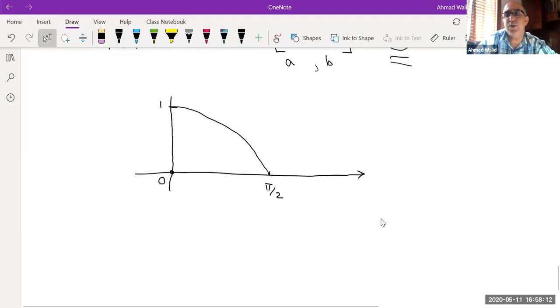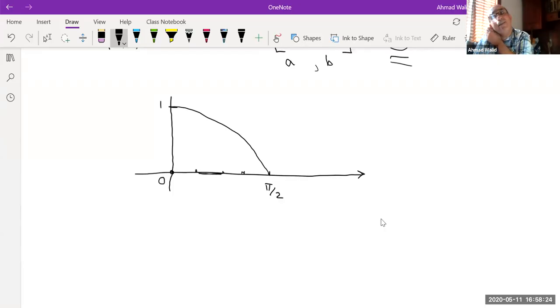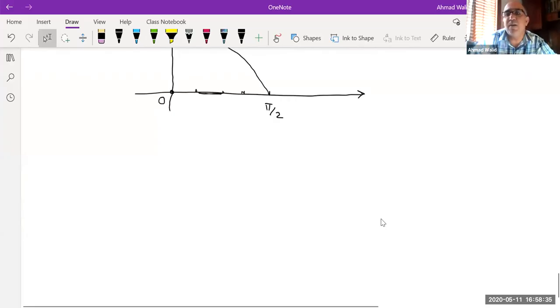The first thing to do is, I will divide this area into 4 equal pieces, but how much is from here to here? I want to find that area, right? It's not that easy to just think right now because it's pi over 2. Maybe you can, if not, why not use the formula?